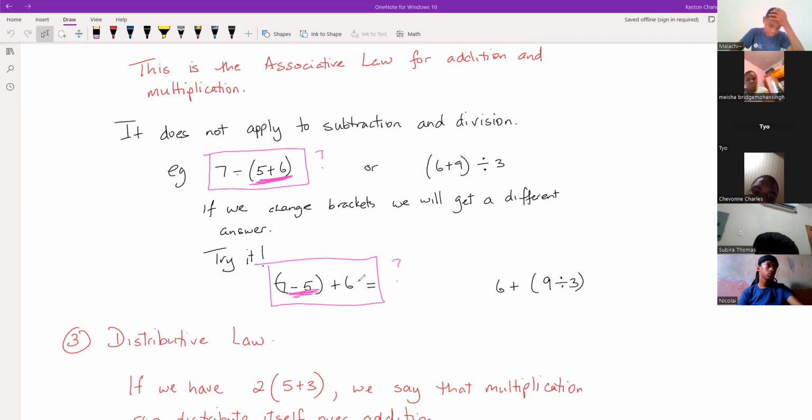What you'll notice is that the answers are different, because here, just as I mentioned before, it's not all addition and it's not all multiplication. So this associative law that I'm talking about does not hold for these circumstances. If it's all addition, all multiplication, then it doesn't matter where we put the brackets. It doesn't even matter if we have brackets.